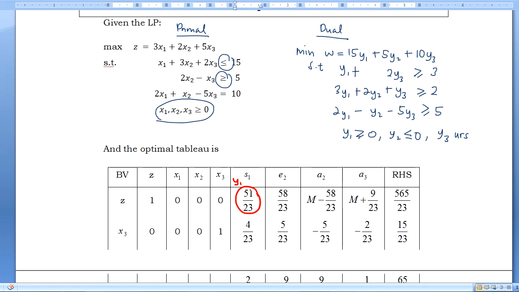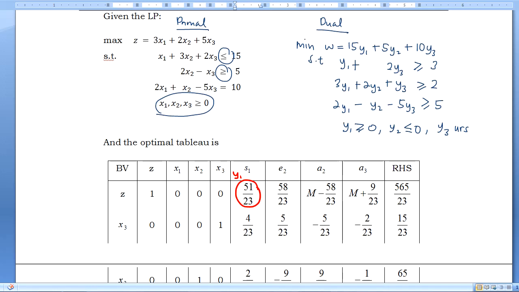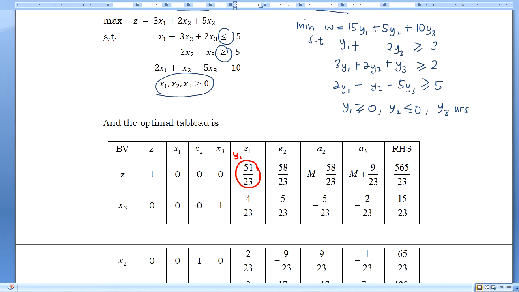The value of the variables in the dual we can get from the optimal tableau of the primal. The value of the dual comes from row 0 of the optimal primal tableau. Just refer to this row 0.